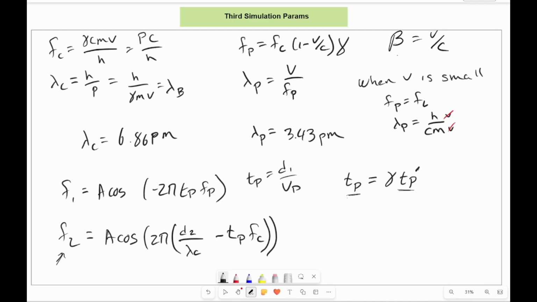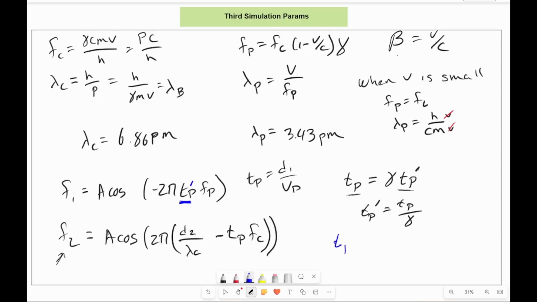This would be some smaller fraction. Gamma is always greater than 1. And so whatever, that's just the relationship that we got. So now Tp prime is going to be Tp over gamma. And what we actually have here is Tp prime.